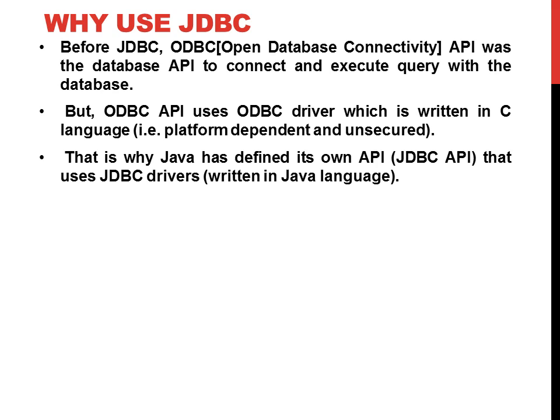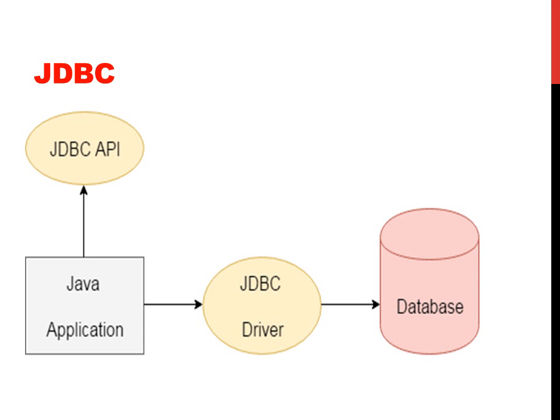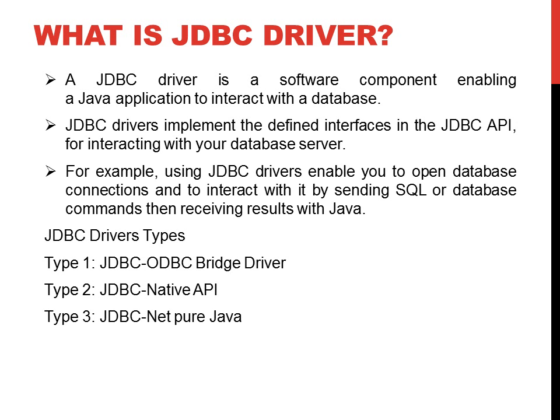We will see what a driver means in the coming slides. And it is purely written in the Java language. The JDBC API helps to access a database from my Java application through a JDBC driver. The JDBC API establishes a connection to a database through JDBC drivers.